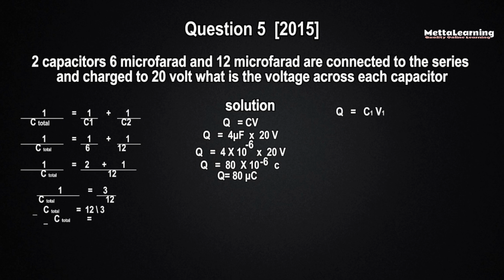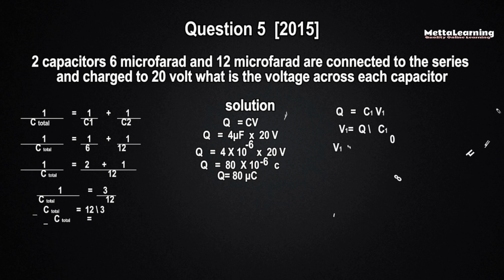So we first find the voltage across the first capacitor, which is 6 microfarad. So we say Q equals C1 V1. C1 means the first capacitor, while V1 means the voltage across the first capacitor. So making V1 the subject of the formula, we have V1 equals Q divided by C1.